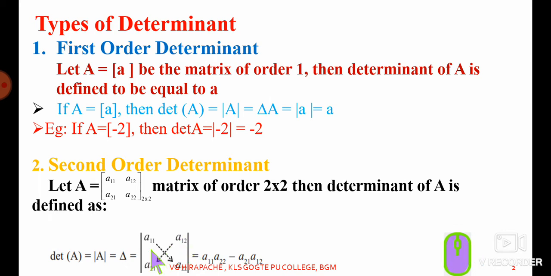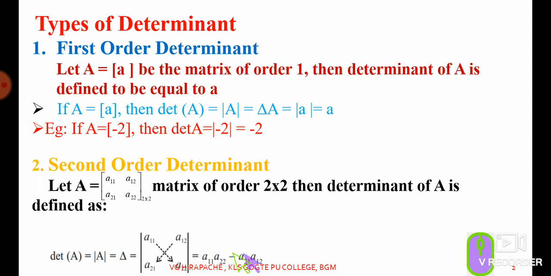Now the matrix can be represented in the form of a determinant in double vertical lines. First row elements are A11, A12. Second row elements are A21, A22. Now the simplification of the second order determinant goes like this. We multiply from left top to right bottom, A11 A22.